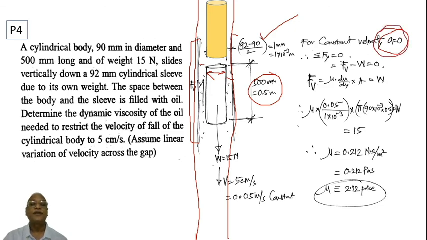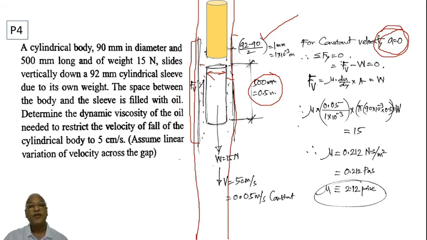And because acceleration is 0, sigma Fy is equal to 0. But what are the forces which are acting on this? There is a weight W and there is a viscous force which is acting all along this cylindrical surface, right? So Fv is upwards, that's why I have taken it as plus Fv minus W equal to 0.